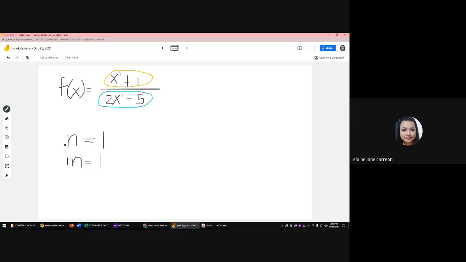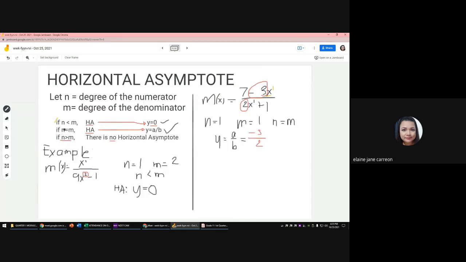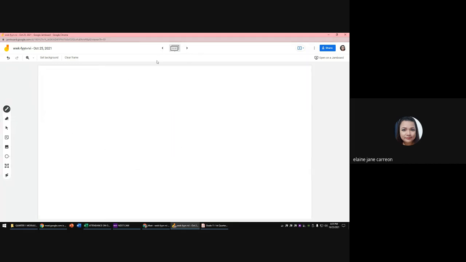Okay. Now, in this part, n is equal to m. When m is equal to n, we take a over b as the horizontal asymptote.